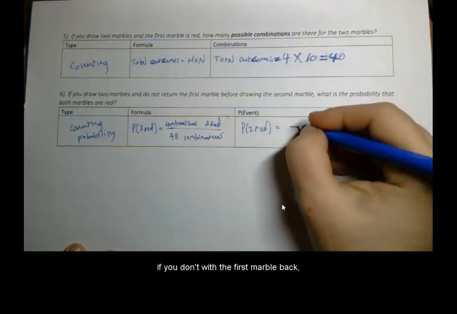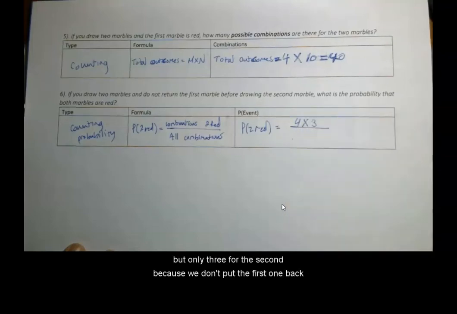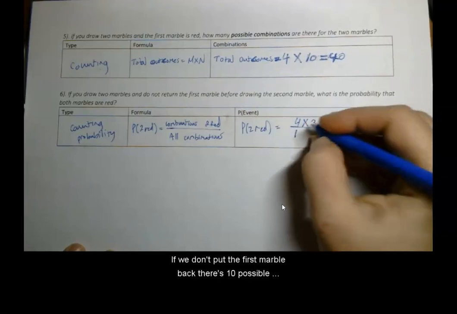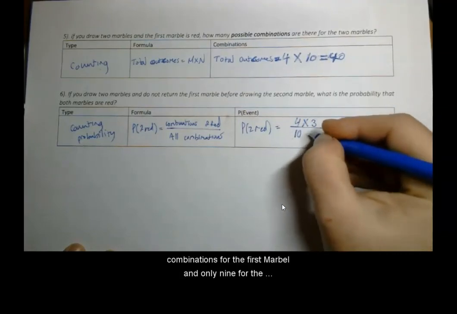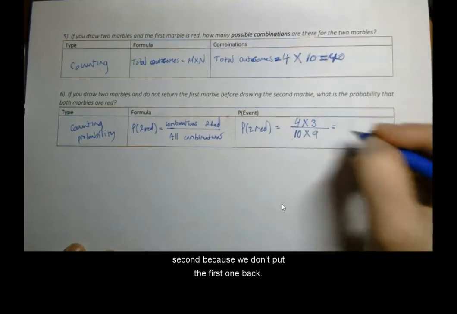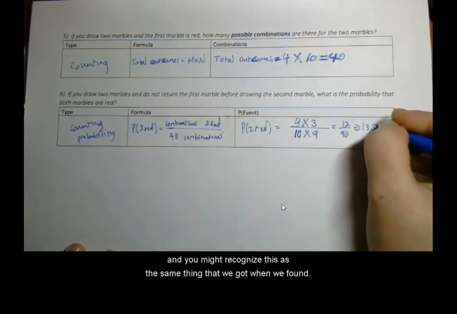If we don't put the first marble back, there's 4 possibilities for the first marble, but only 3 for the second because we don't put the first one back. And then all possible combinations. If we don't put the first marble back, there's 10 possible combinations for the first marble and only 9 for the second because we don't put the first one back. So that gives us 12 divided by 90, which simplifies to 13.3%.